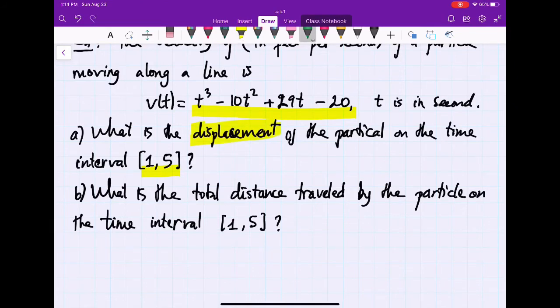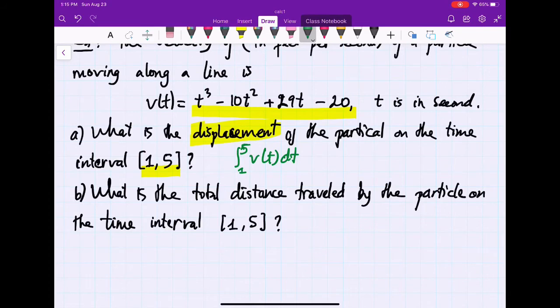So in this situation, you just need to find the integral from 1 to 5 of the function v(t) dt. And in the second question, they ask what is the total distance traveled by the particle on the time interval [1, 5]?